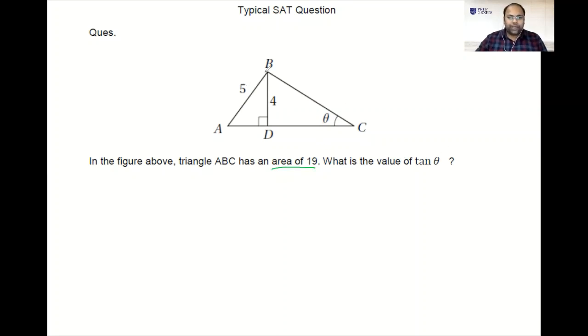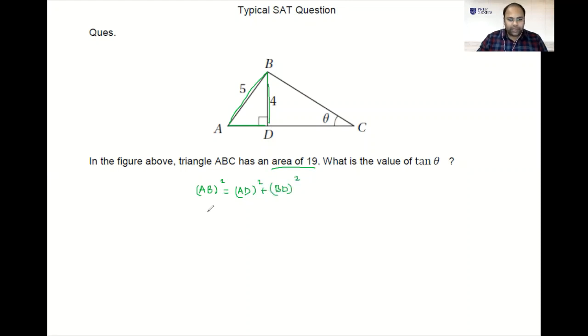First of all, let's consider triangle ABD. Triangle ABD is a right angle triangle, and you can employ the Pythagoras theorem here. So hypotenuse square, which is AB square, should be equal to AD square, which is our base, plus BD square, which is equal to 4.